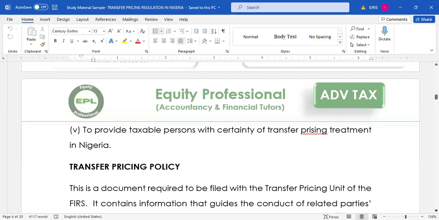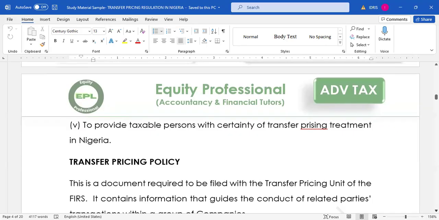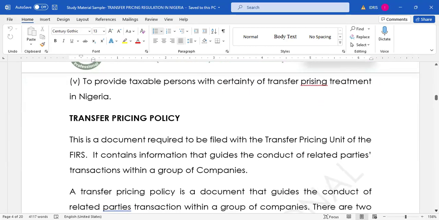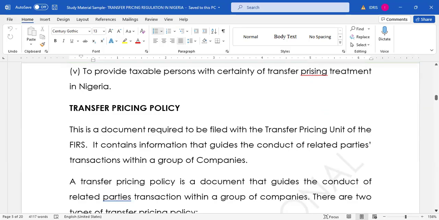Now, the next heading we need to go to is transfer pricing policy. What do you understand by transfer pricing policy? Transfer pricing policy is a document that is required to be filed with the transfer pricing unit of the FIRS.